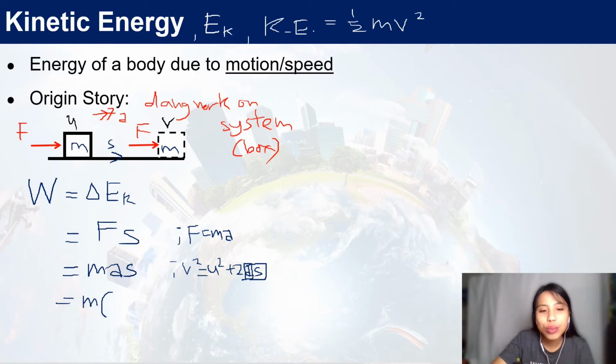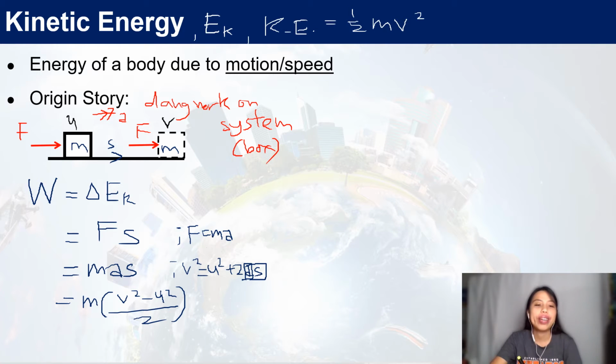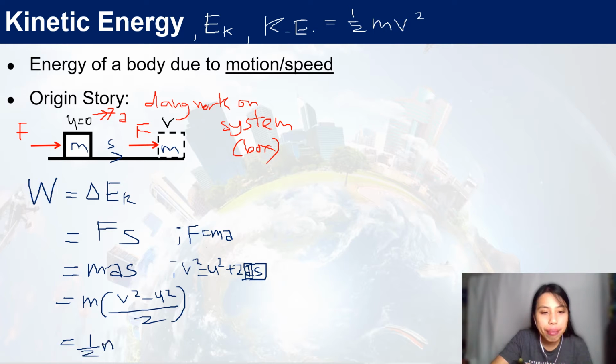If I plug in as, what I'm going to get is v squared minus u squared over 2. Now, that looks very strange. But if I say, for this particular system, I set my initial speed to be 0, u is 0. So if u is 0, then the u term is gone. All that's left is half mv squared.